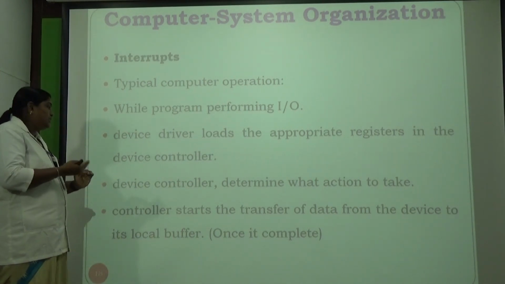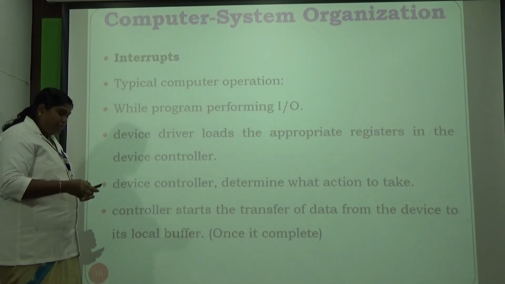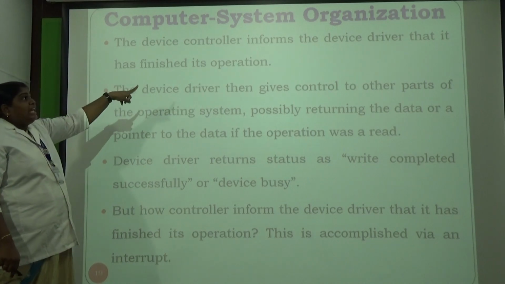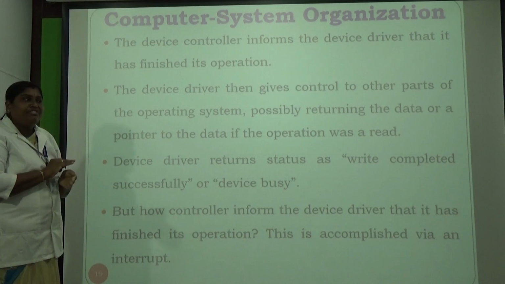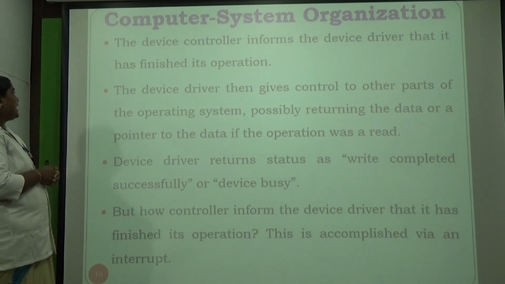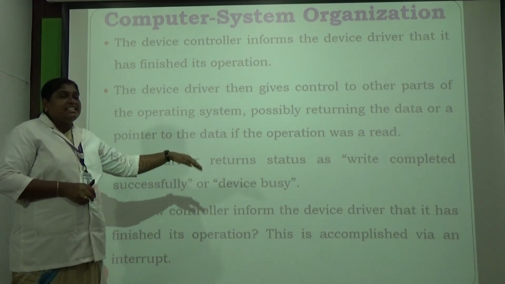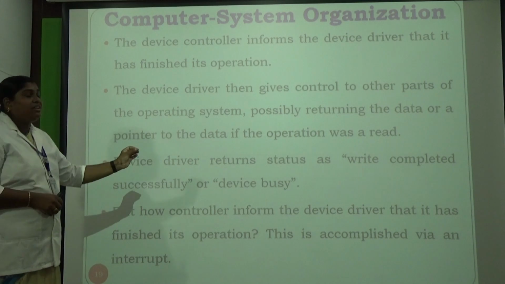Right? After that it starts transferring data from the device to the local buffer. Once the action has been completed, the device controller informs the device driver that the operation has finished and gives the status, and the device driver will return the status: write completed successfully or write device is busy.